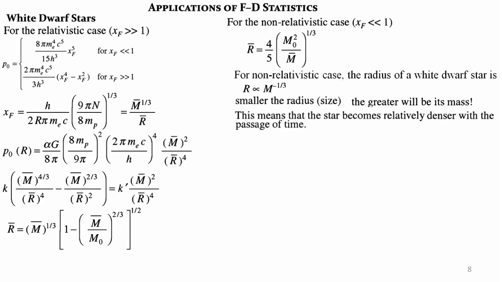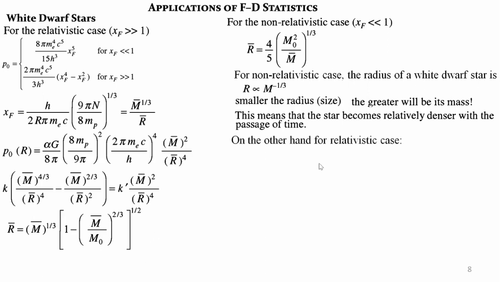That's the simple thing which we should notice here. Larger is the mass of the star, smaller will be the radius. This means that the star will become relatively denser with the passage of time. That's how you can again try to say this: over time, the star will try to reduce its radius and accordingly go on approaching towards the relativistic limit.